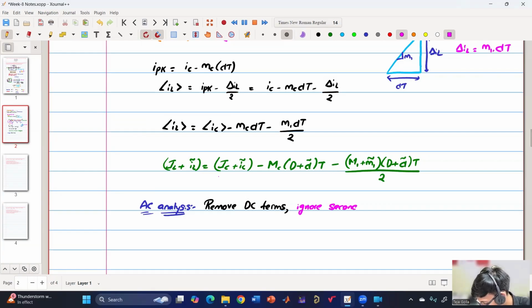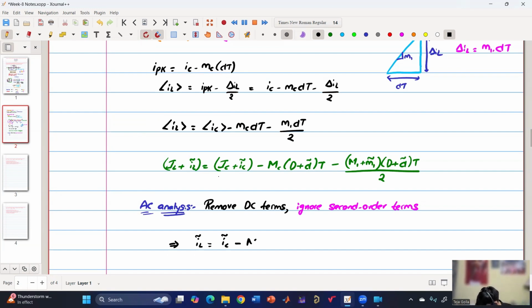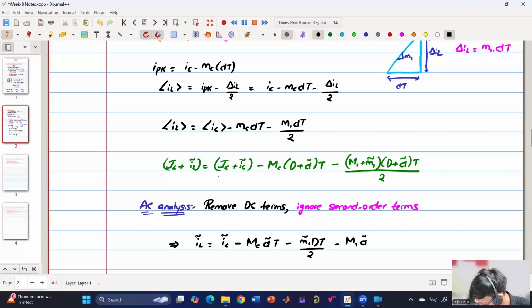When two perturbations are multiplied, we ignore that because it's a first order approximation. So now we will get IL perturb equal to IC perturb minus MC into D perturbation of D minus M1 perturb into capital DT by 2 minus capital M1 into D perturbation of T by 2. Agree?